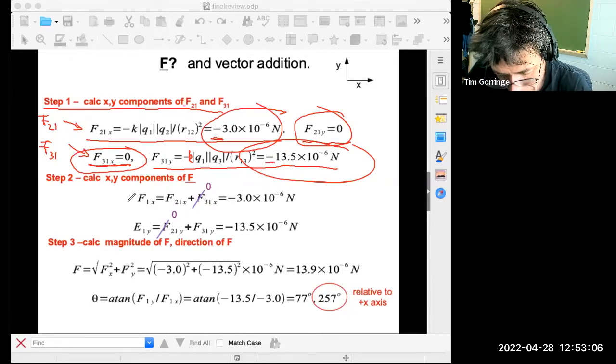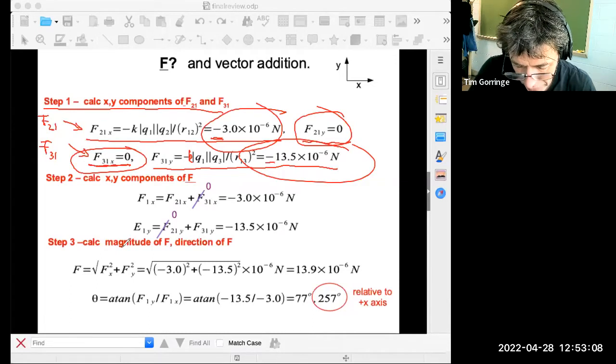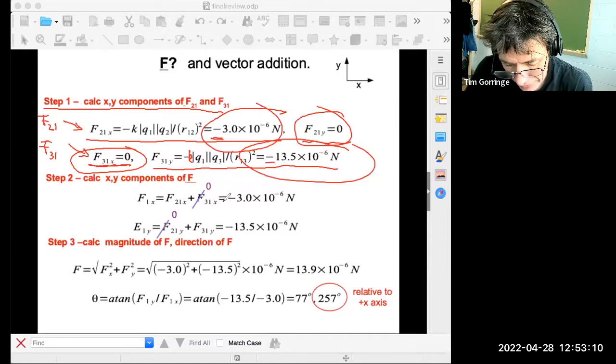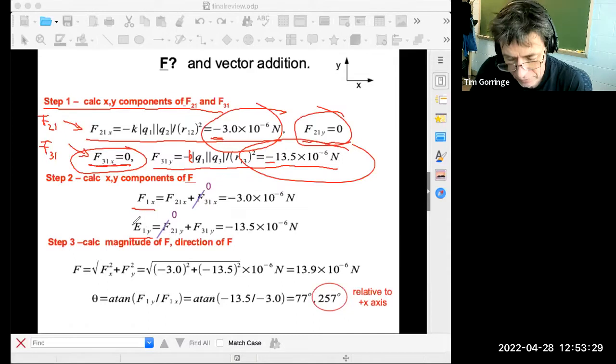Then I'm going to move on and add up the two x components from step 1, and add up the two y components from step 1, to calculate the total net x component of the force on charge 1, and the resulting y component of the force on charge 1. This is my second step, where I'm really finding the resultant force.